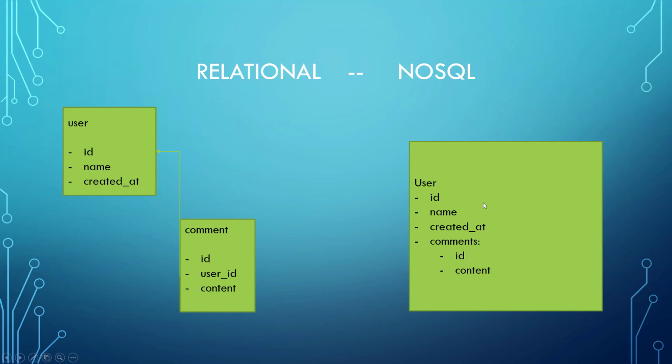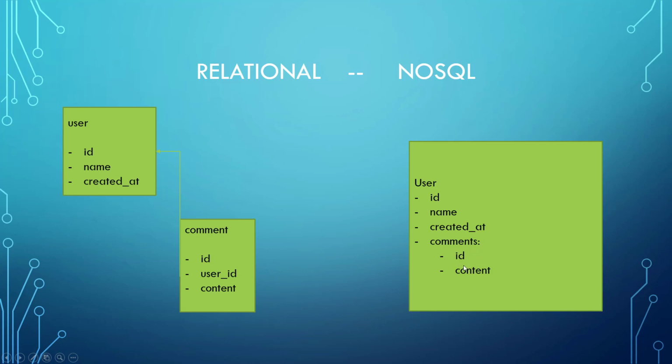Now, in the NoSql approach, data is always some form of object, which basically means, well, the user has comments as something we call a property, and here is a list of comments.